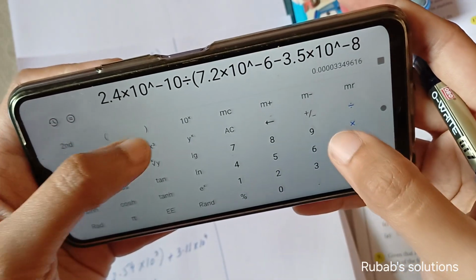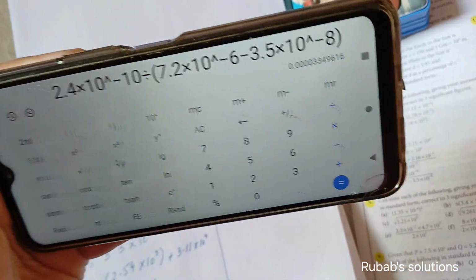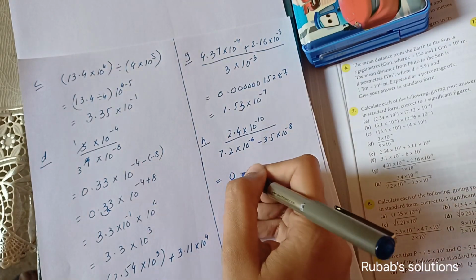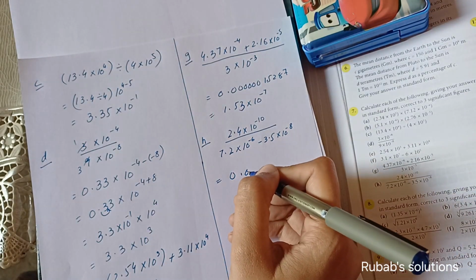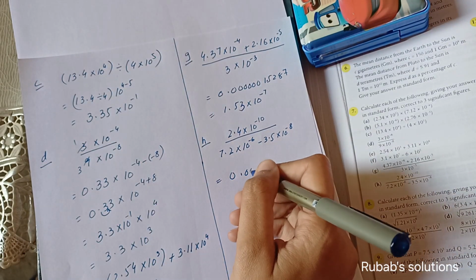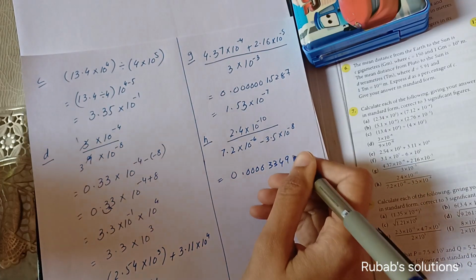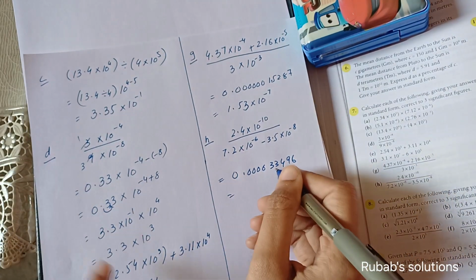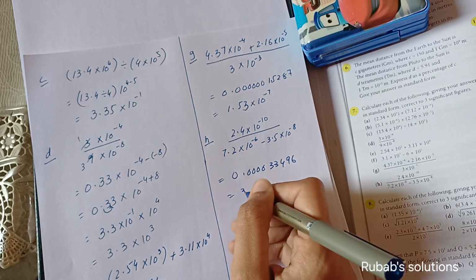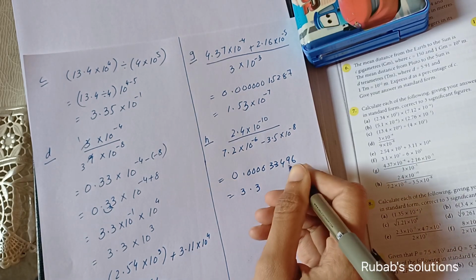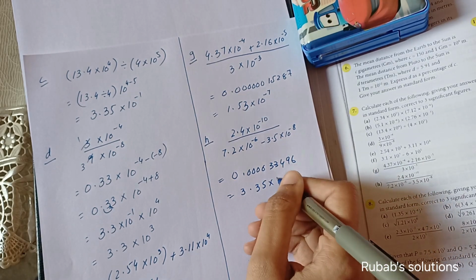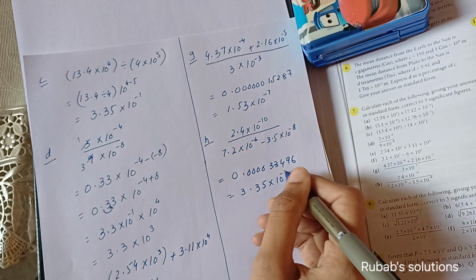It's giving me an error. Okay, I got an answer that is 0.0... How many zeros are there? 1, 2, 3, 4, 3.349 6. So the first non-zero digit, 3.34, so it will become 3.35, multiplied with 10 power minus 5.